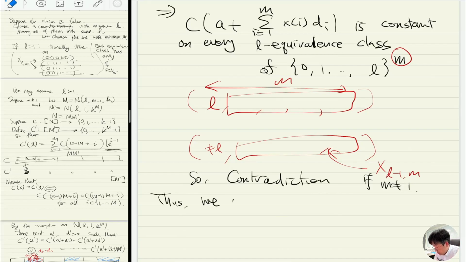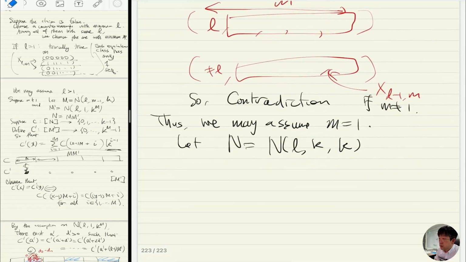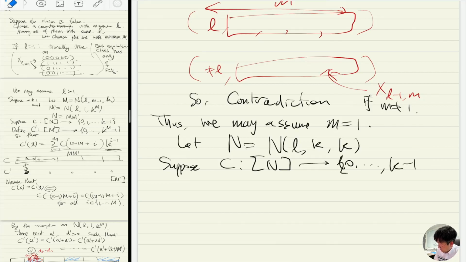Thus, we may assume m is equal to 1. Now, in this case, let n be the NLKK, and suppose we have a coloring function C, a coloring from n to 0, 1 up to k minus 1.